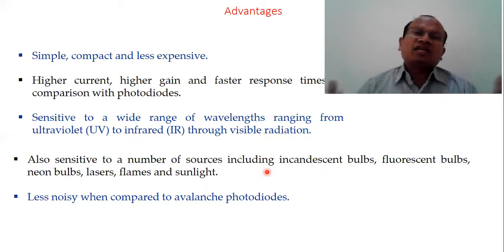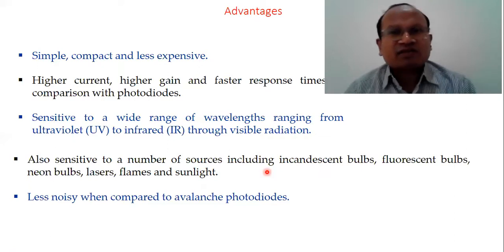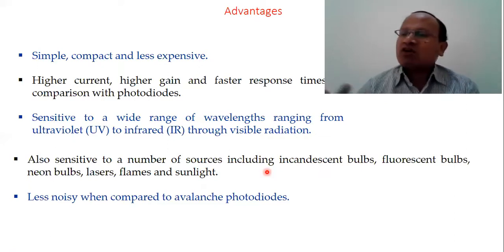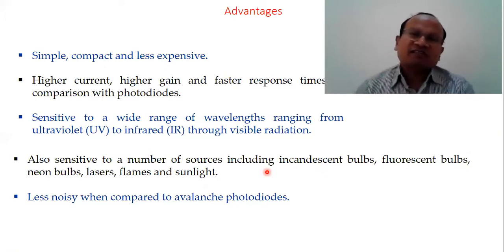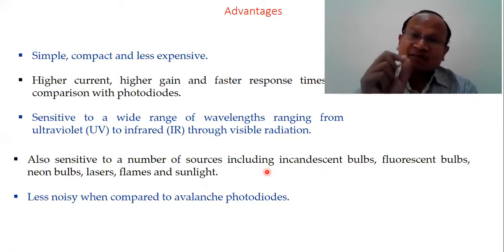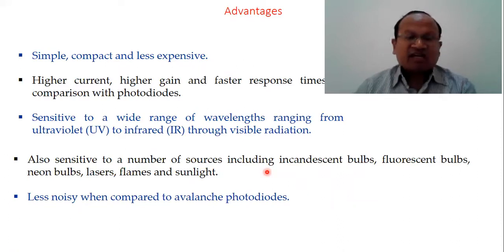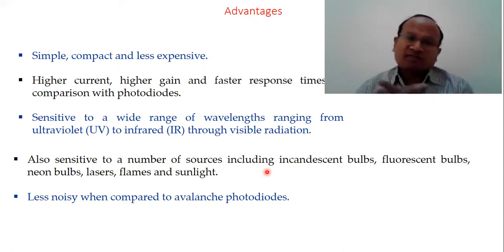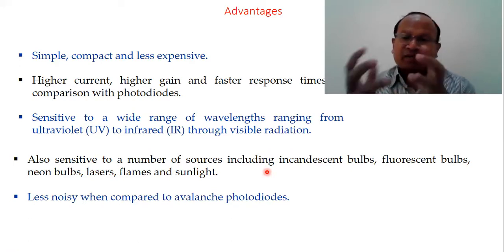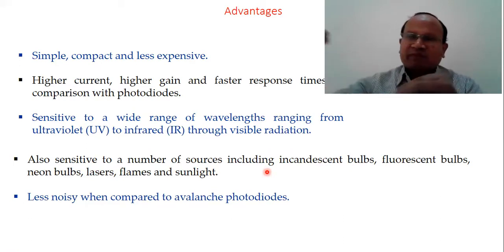So in the nearby sunlight, near the phototransistor, these optical sources are there. These light sources will definitely produce some light, and that light will affect the performance of the phototransistor. Because the base region may be exposed to a specific light intensity, that is the source of light.